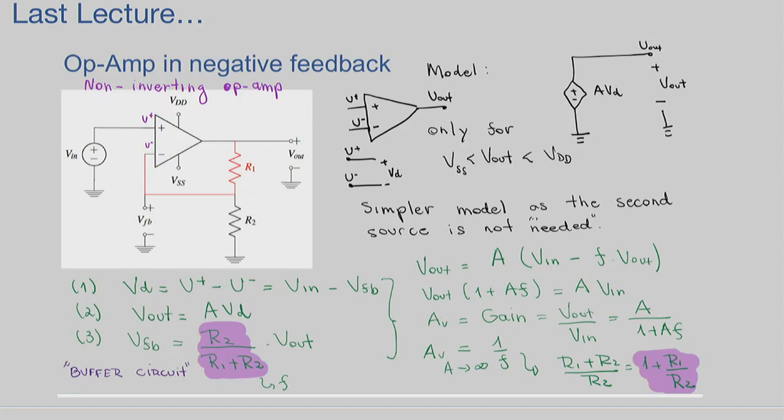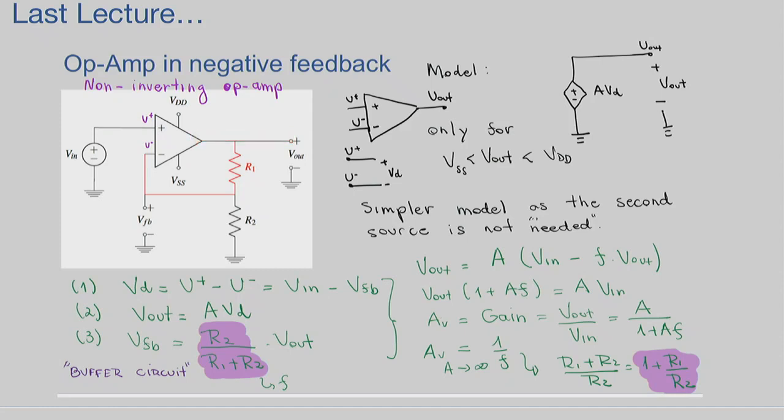Because U plus was connected to V in and U minus was connected to the feedback voltage, the voltage differential in the amplifier, VD, would be V in minus V feedback. We also got that V out, the voltage you're measuring outside of your circuit, is connected to the operational amplifier.